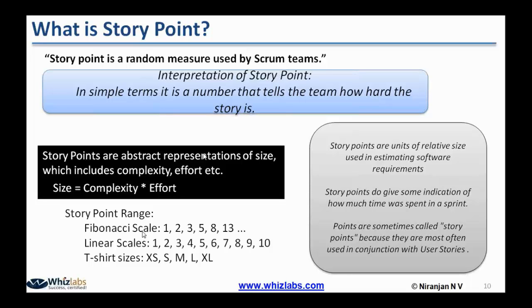One is the Fibonacci scale. In the Fibonacci scale, we use the estimation of story points like 1 story point, 2 story points, or 3 story points. So if the user story is 3 story points, we'll say 3, 5, like that.